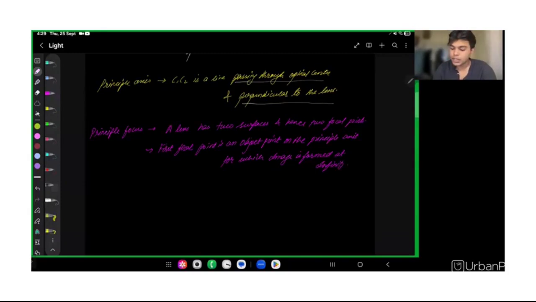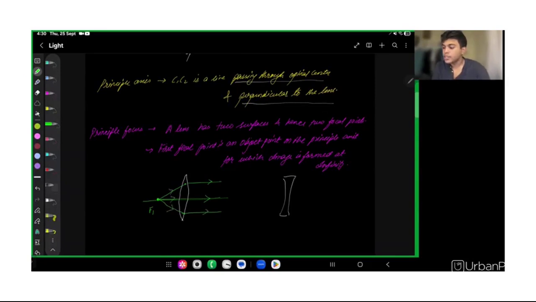If we take an example of convex lens and concave lens: for convex lens, if this is the focus point f1, it will give parallel rays. So this object point lies on the principal axis and the image is formed at infinity.